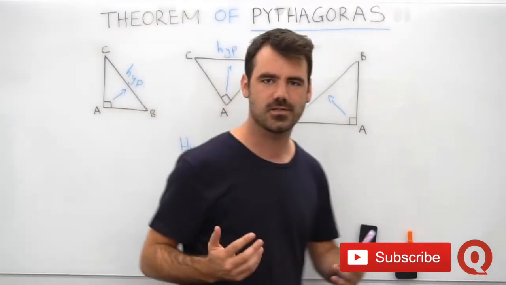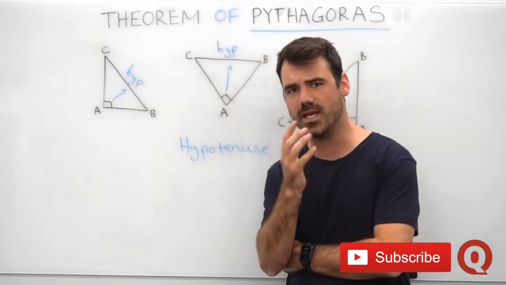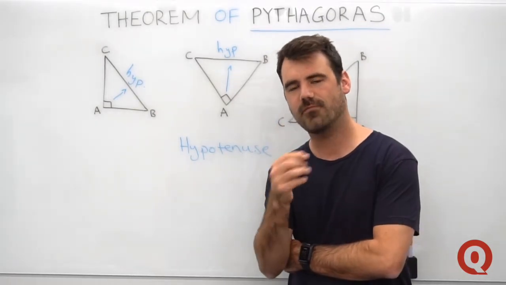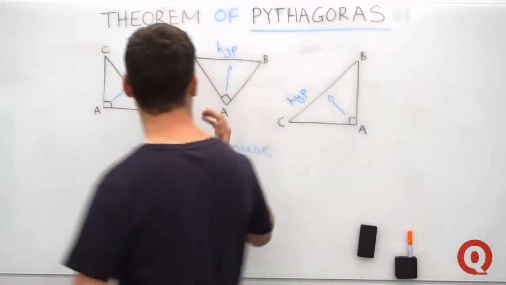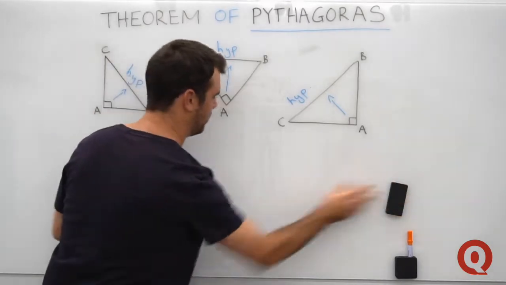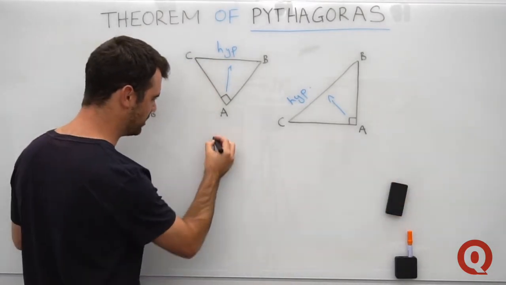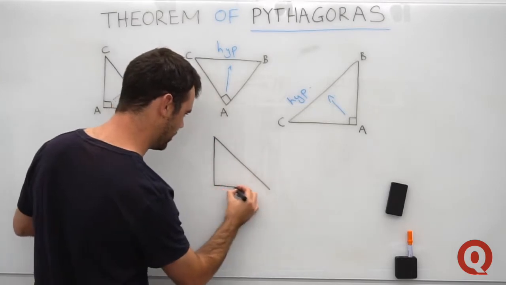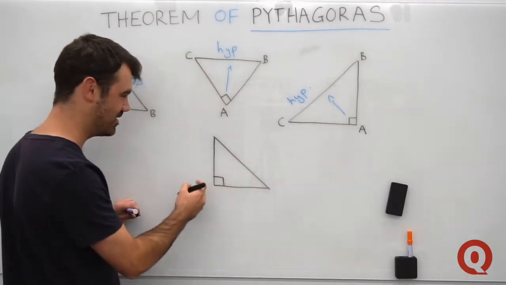So, what did this wise man actually tell us? He says that if we square the hypotenuse, so let me just draw, I'll bring this one down here. If we square the hypotenuse, and I'll draw another right angle triangle in here. Now it's a right angle triangle, so the box is there.